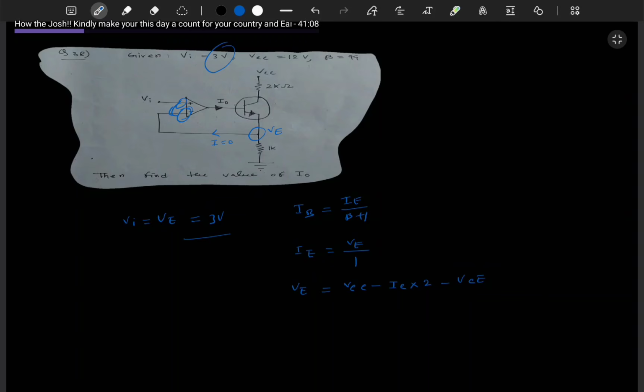Now here I think we need not go further, because V we know, 3 by 1 K, it will be 3 milliampere. So from here only I notice 3 by 10, 0.030.